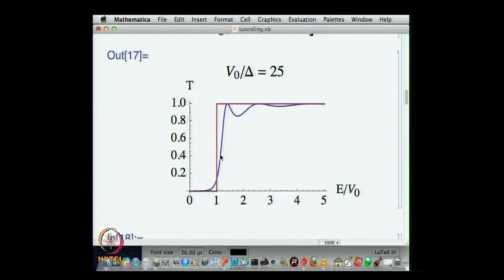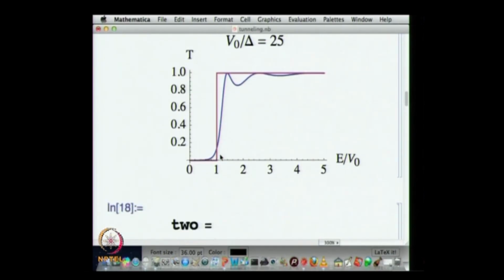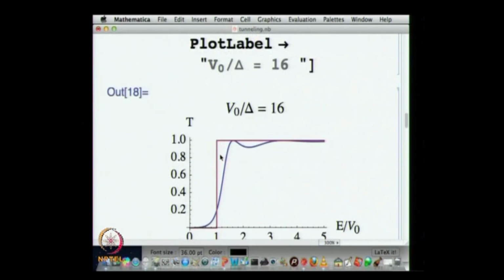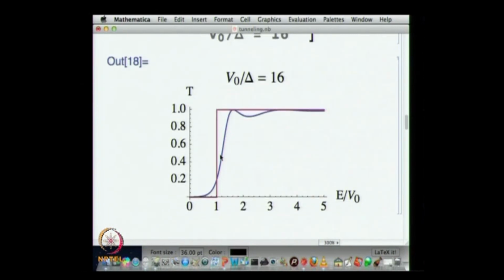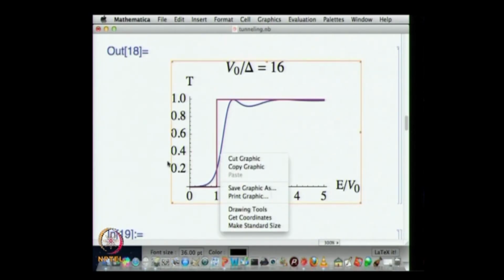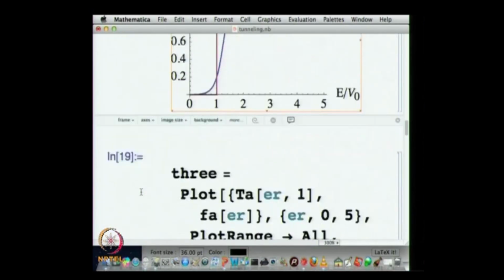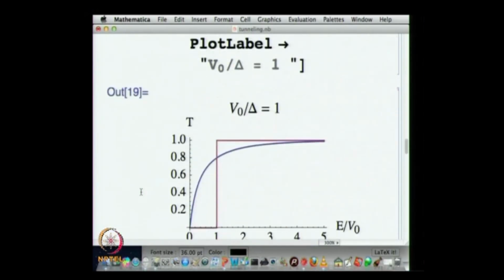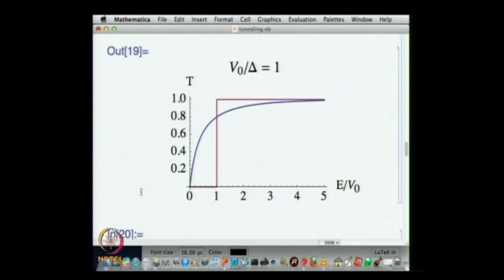Now, suppose you had a different value for V0 by delta, what would happen? Well, this is for V0 by delta equal to 16, and I also have a plot for the case where V0 by delta is 1. What does it mean?